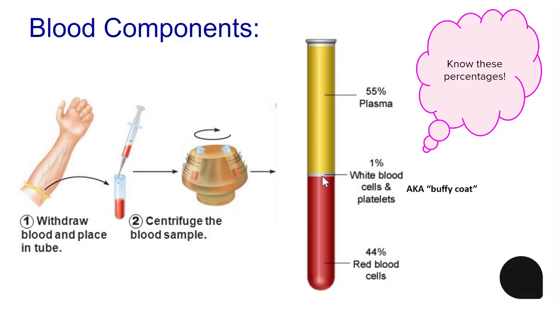About 1% in the middle is made of your white blood cells or leukocytes and your platelets. Sometimes this is called the buffy coat. And more than half of your blood is plasma, 55%. For sure, these are percentages you have to memorize. So know these for sure.